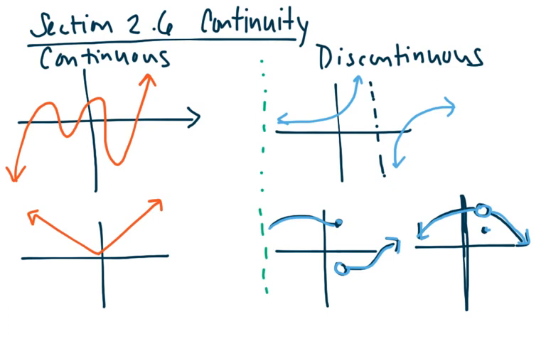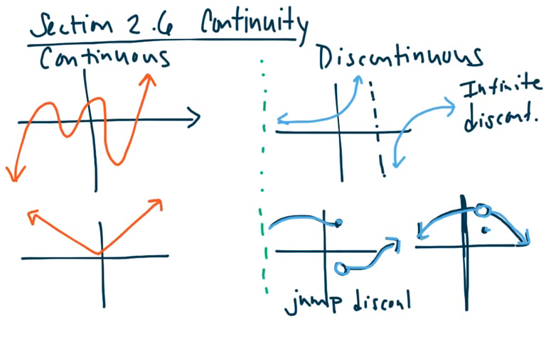So this first one here is something we'd call an infinite discontinuity. Let's just abbreviate that. Down here we have something called a jump discontinuity, and the last one here, we would call a removable discontinuity. Okay, it's just discontinuous at one point.